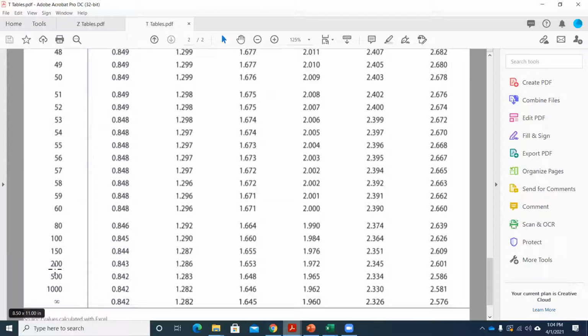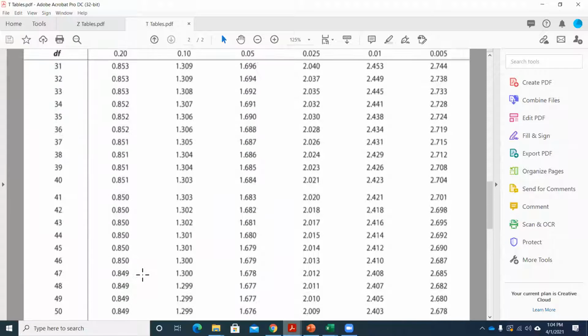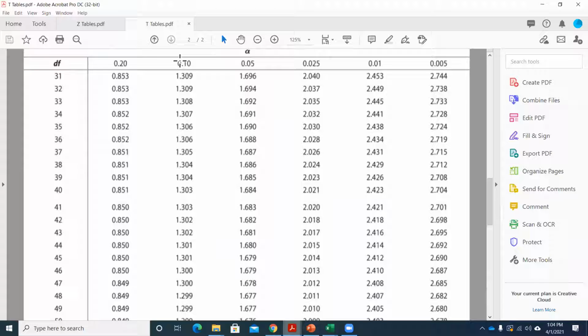So if I use the degrees of freedom that's closest to 399, we'll just assume that's going to be 500. Then what I would do to find my critical value is, at that degrees of freedom, I want 0.1 in that tail.